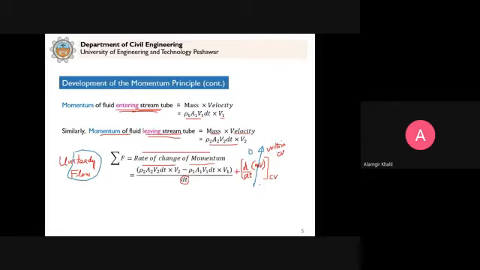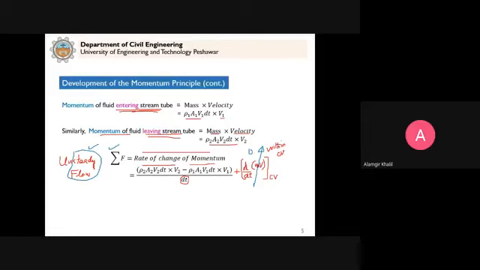So if we ignore this term, then this equation is applicable for steady flow. But if we consider this term, then as a whole, it is applicable for unsteady flow. So it means that for steady flow, the net force on the fluid mass is equal to the net rate of outflow of momentum across the control surface.